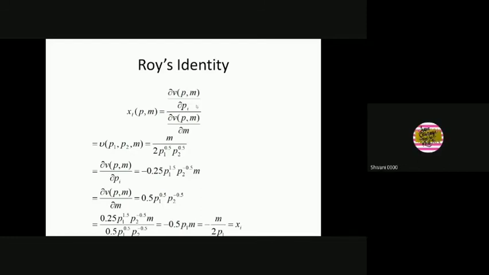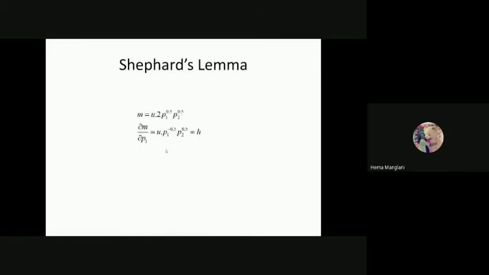Ma'am, can you explain this once more? Which one? This whole Roy's identity? What are you specifically asking? This second equation. This one? We have already calculated this.